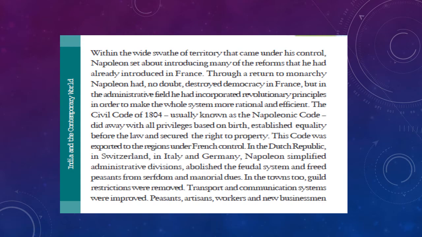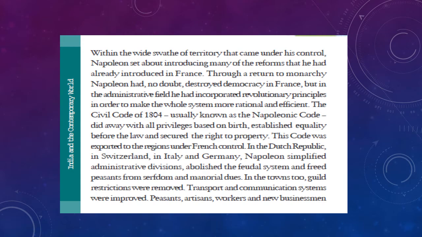A group of people engaged in a particular job is called a guild. So some guilds were restricted from entering the town during the period before Napoleon. For example, if there was a group of carpenters, they were not allowed to enter the town limits. So after the Napoleonic Code, this system was abolished and each person was given the right to enter the town limits.